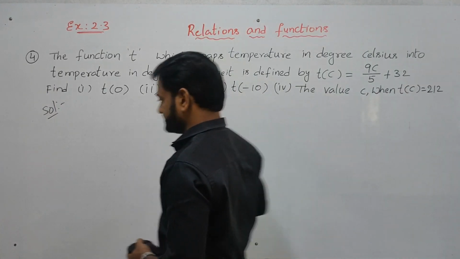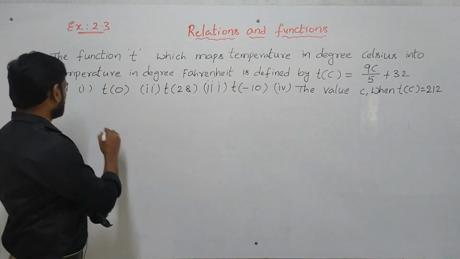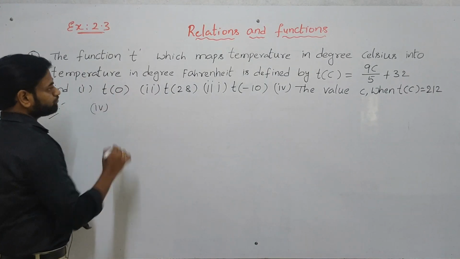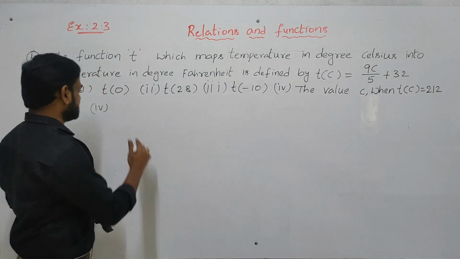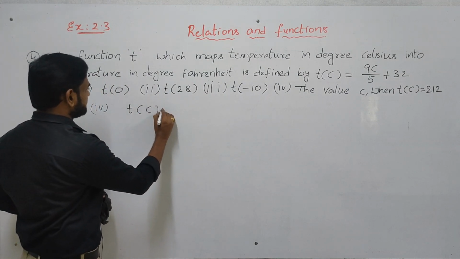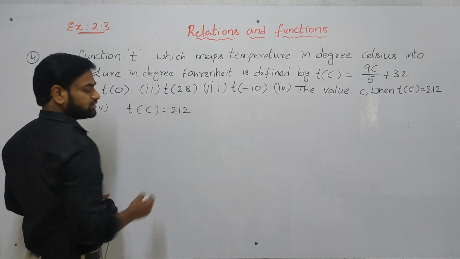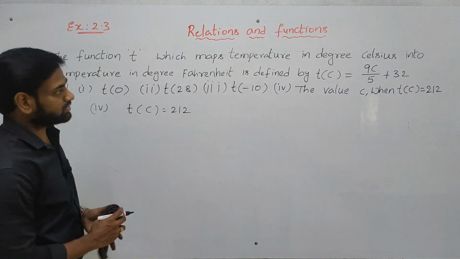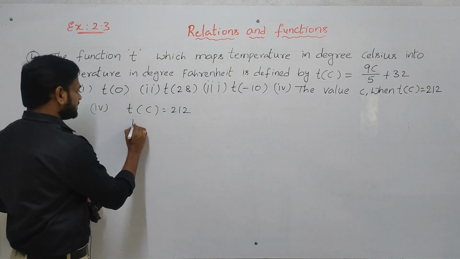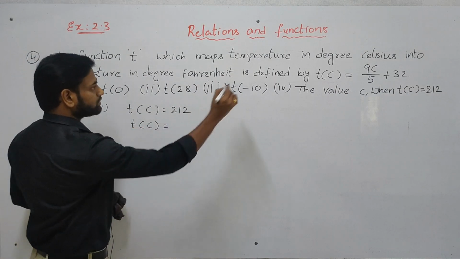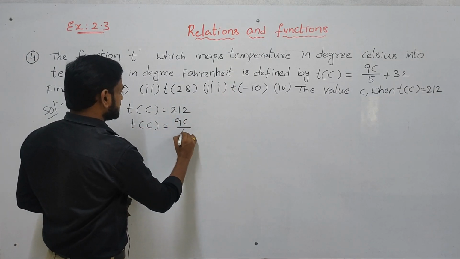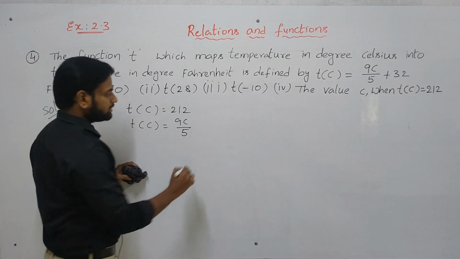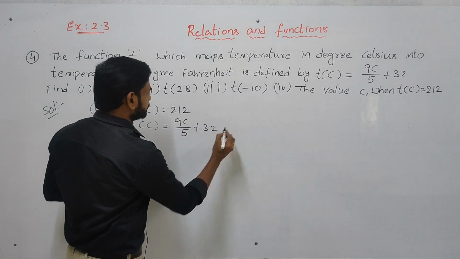Next, the fourth one is t of c, given that the t of c value is 212. Now we have to find the value of c. Now see here, t of c is actually 9c by 5 plus 32.